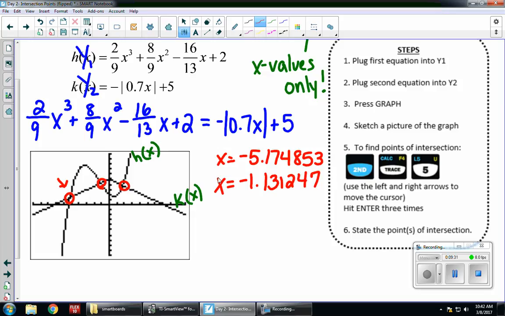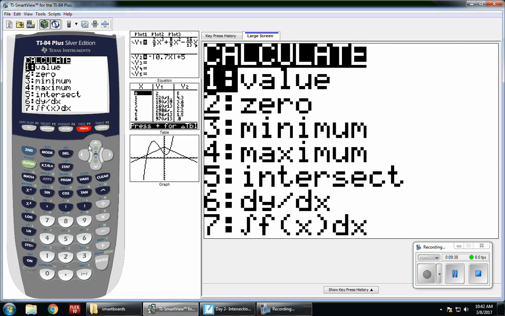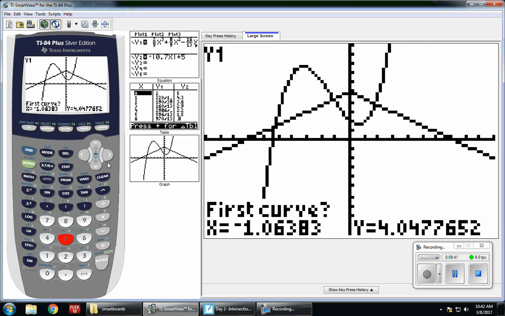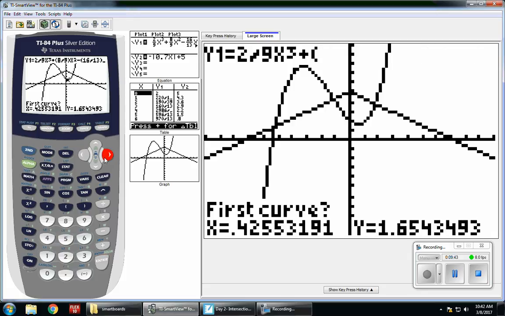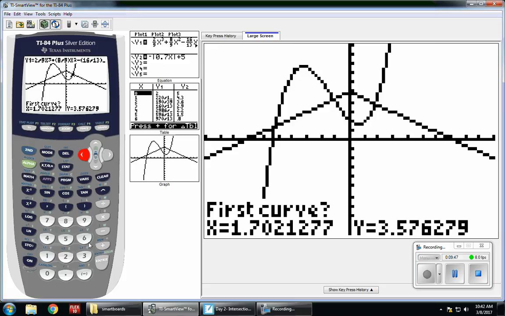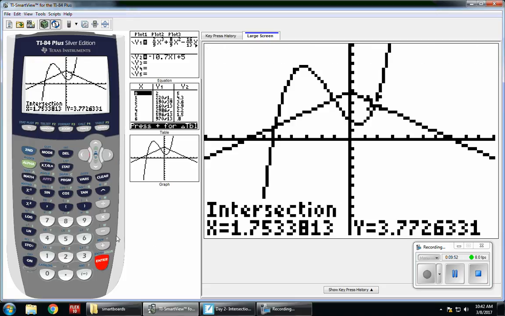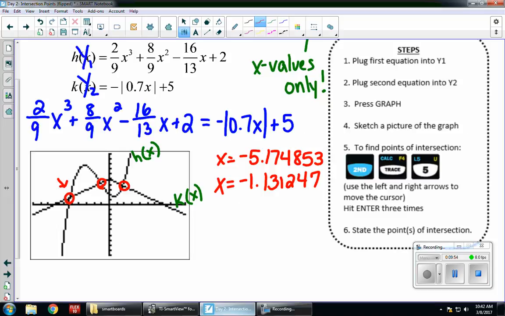And then we have to do it one more time because we have 3 points of intersection. So second trace, choice 5, scroll over to that last point, hit enter 3 times. And then I'm going to copy down that x value.